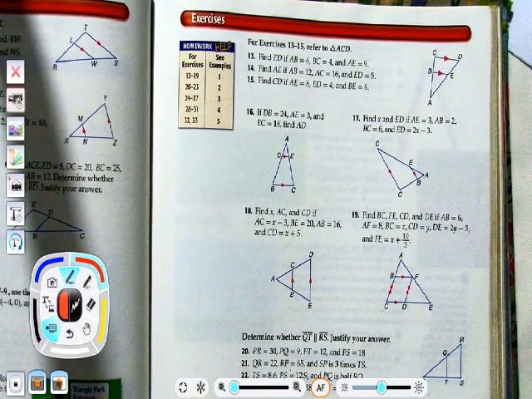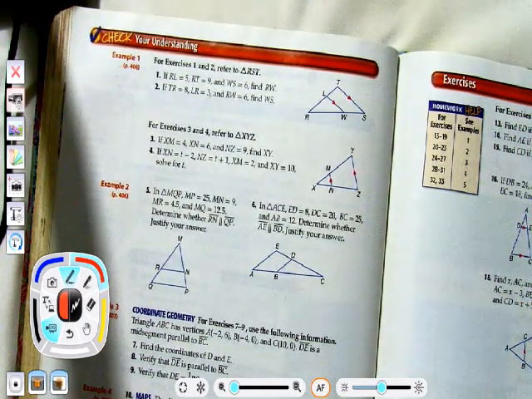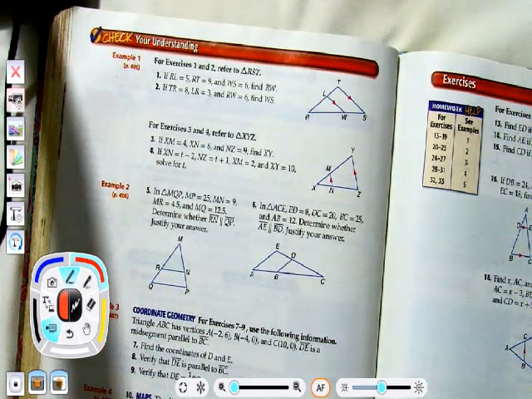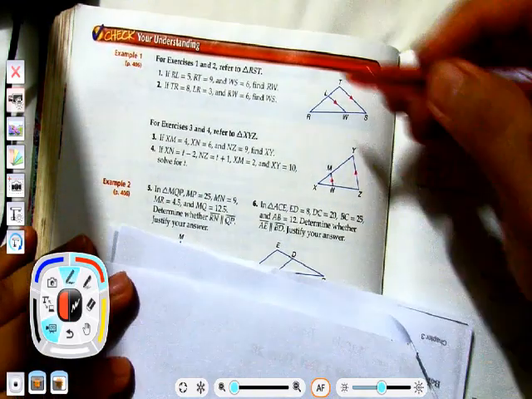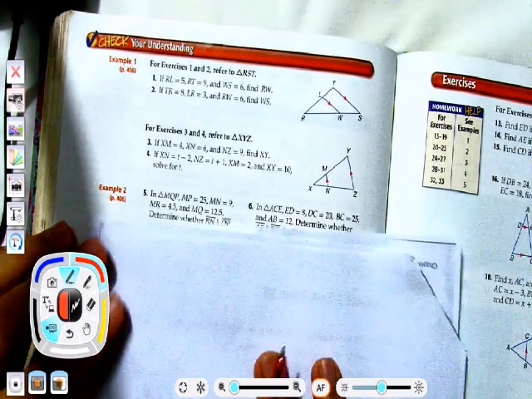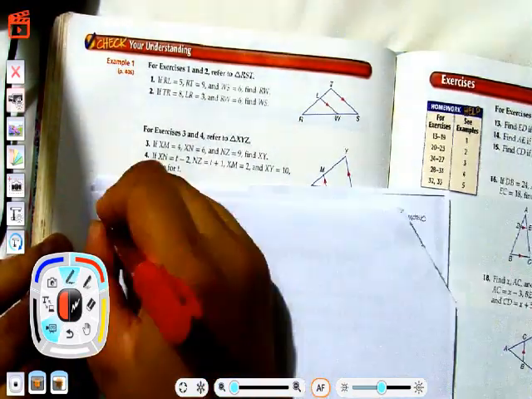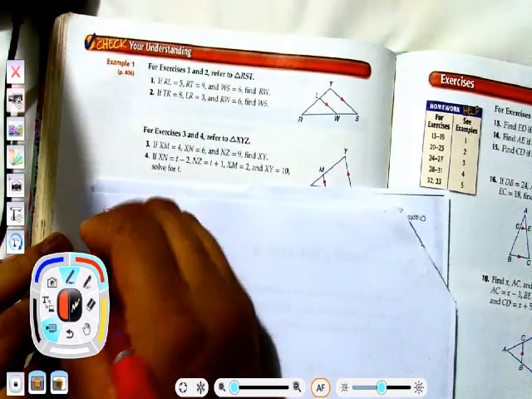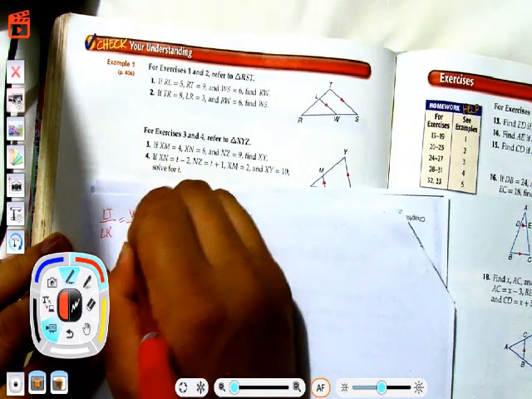So let's go over, check your understanding. I'll just give you possible equation and then you will solve later. Okay, so number 1, or with this figure, never mind the given here, just look at the figure. From that figure, the equation that you can use would be LT over LR equals WS over RW.